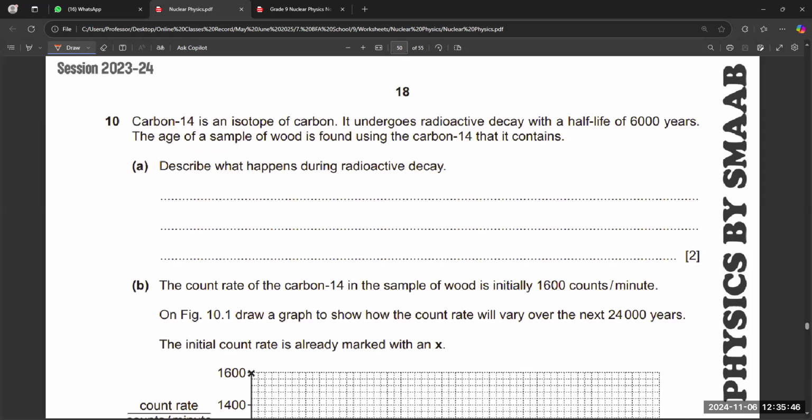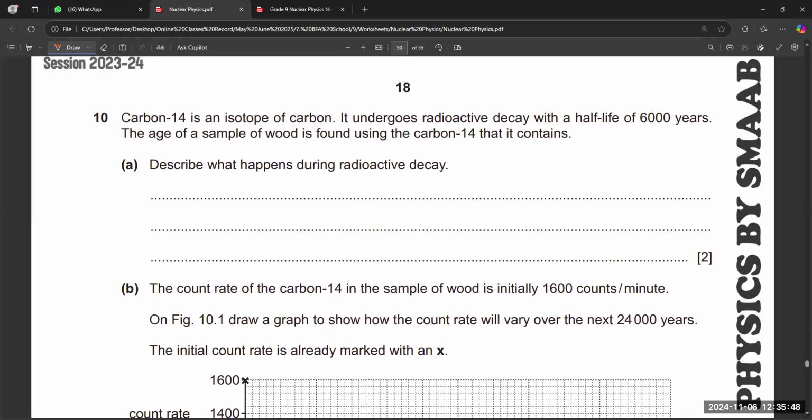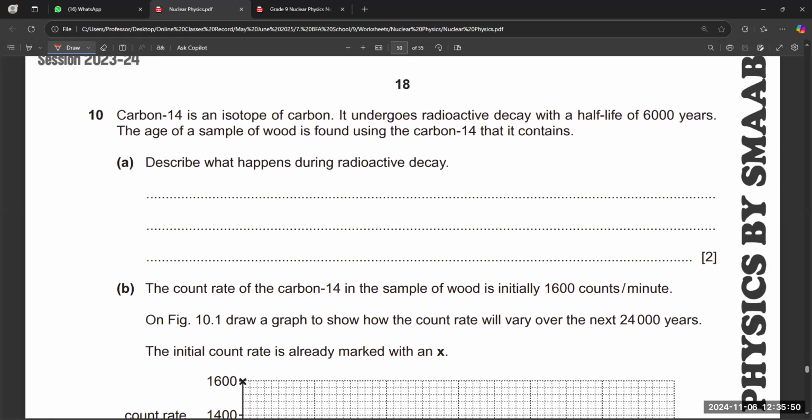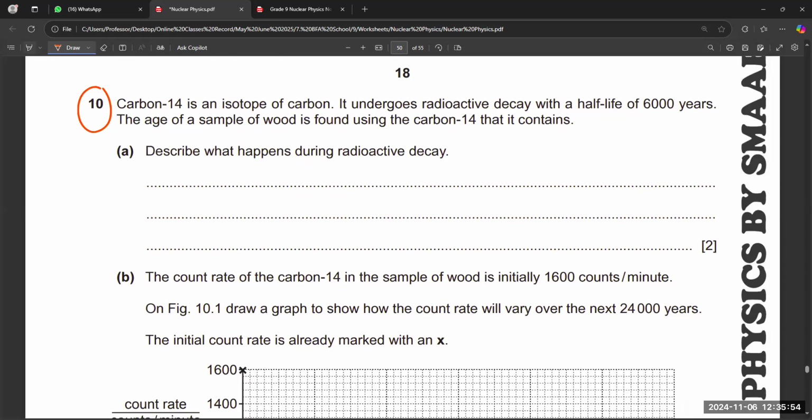Let's try this question. It consists of a graphical representation also. We have carbon 14, an isotope of carbon. It undergoes radioactive decay with a half-life of 6,000 years. The age of a sample of wood is found using the carbon 14 that it contains.